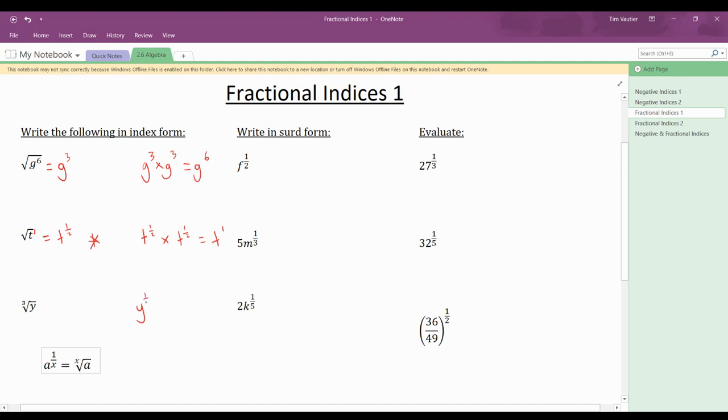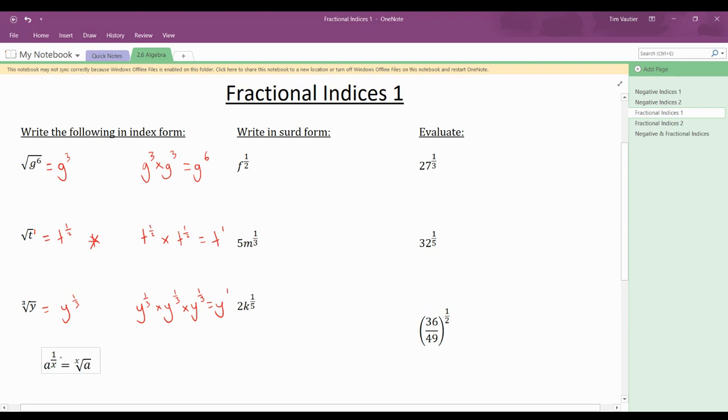And so because we're cube rooting, it's going to have to be y to the power of 1/3 times by itself 3 times, because 1/3 plus 1/3 plus 1/3 equals 1. And so that's another thing you want to remember. Anything that's cube rooted always has a power of 1/3.